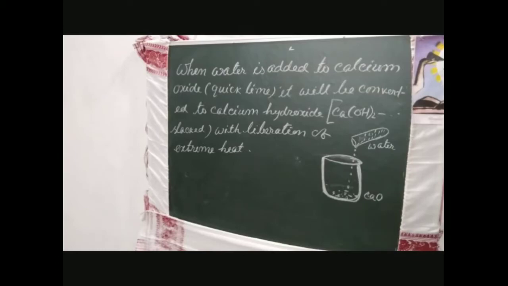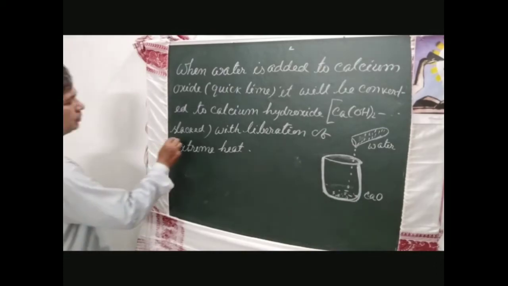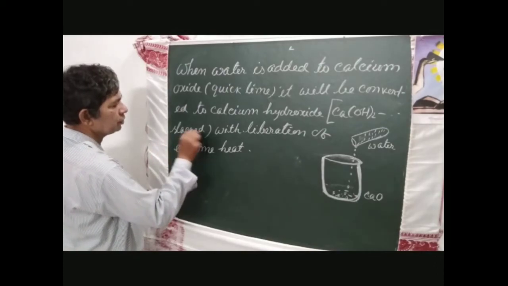We will notice that when water is added to calcium oxide or quicklime, it is converted to calcium hydroxide, Ca(OH)2, which is called slaked lime, with liberation of extreme heat.